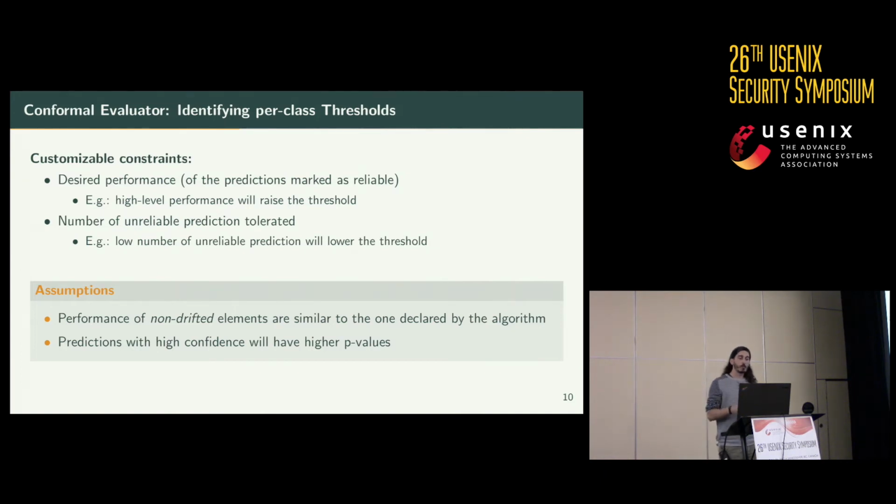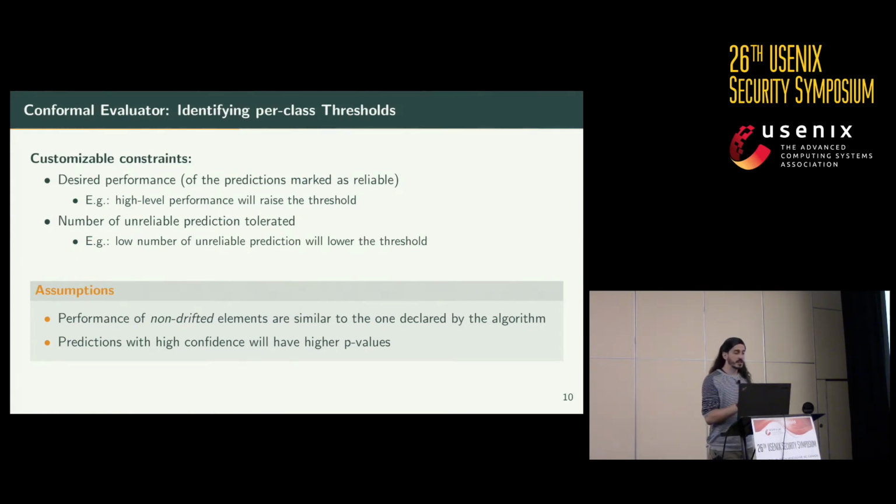We can define two constraints in our threshold. One is the desired performance that we want to achieve on the predictions that are marked as reliable. And the second constraint is the number of unreliable predictions that we are able to tolerate in our model.